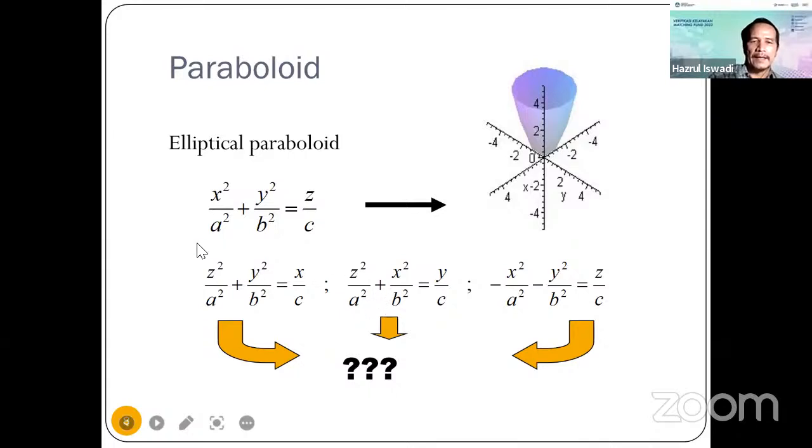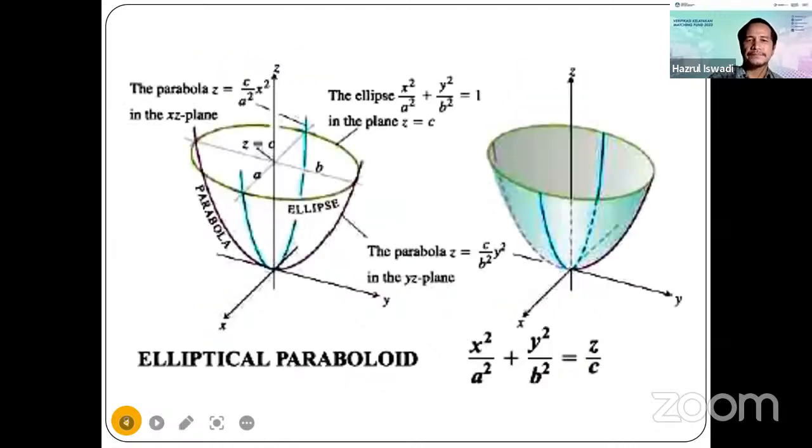I leave the middle equation for you to draw by yourself. So this is another illustration for the elliptical paraboloid.